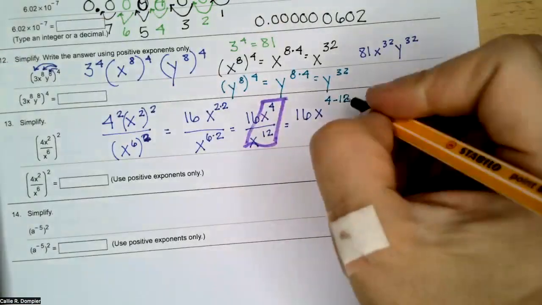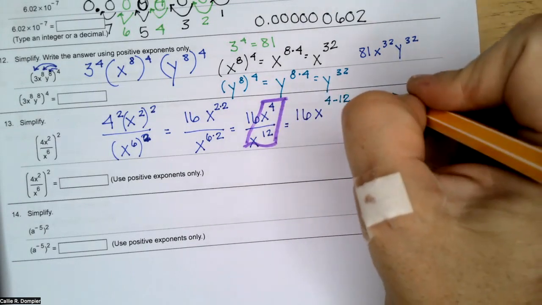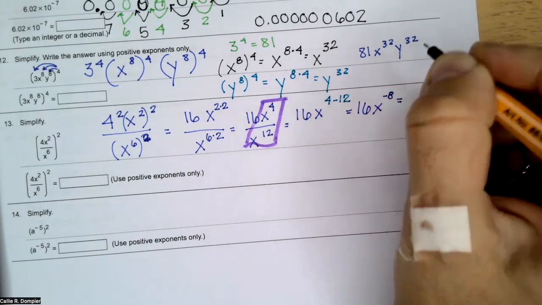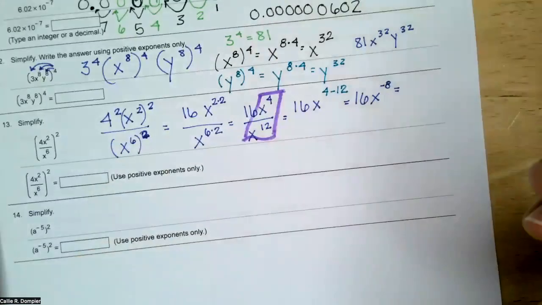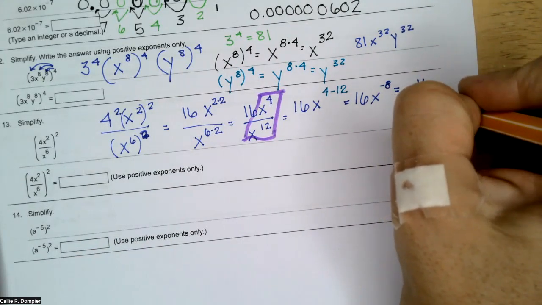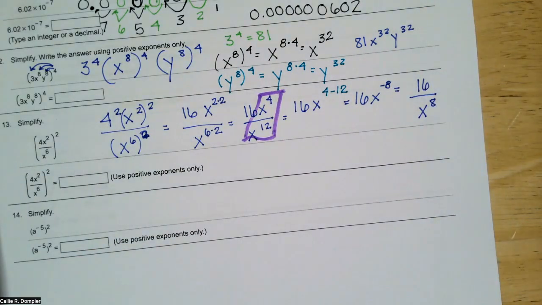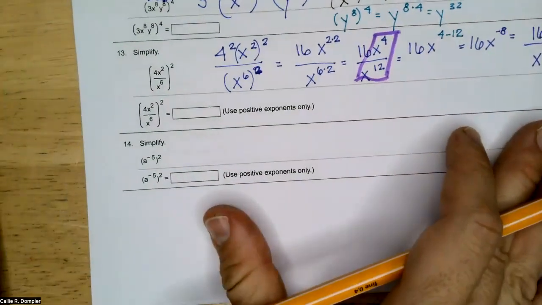So that means it is still 16, but now it's going to be 4 minus 12 is a negative 8. Remember what we did up here when we got a negative exponent is we moved it to the bottom of the fraction bar. So you're going to have 16 on the top and x to the 8th on the bottom. It's your final answer. That's the simplest form we can put it in, okay?